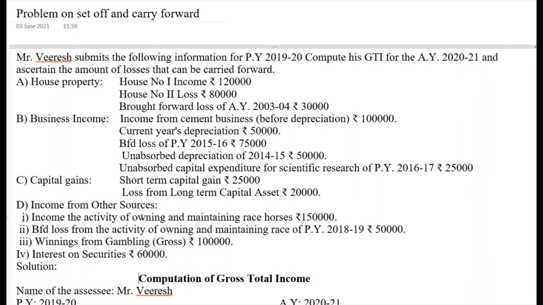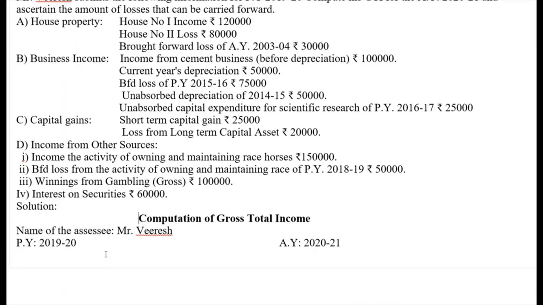So 18-19, 19-20, 20-21: it is still within the time limit, so it can be adjusted here. Winnings from gambling, gross is given, we should take directly to the GTI column. Then interest on securities is also taxable here. So now let's go for finding out the incomes here.